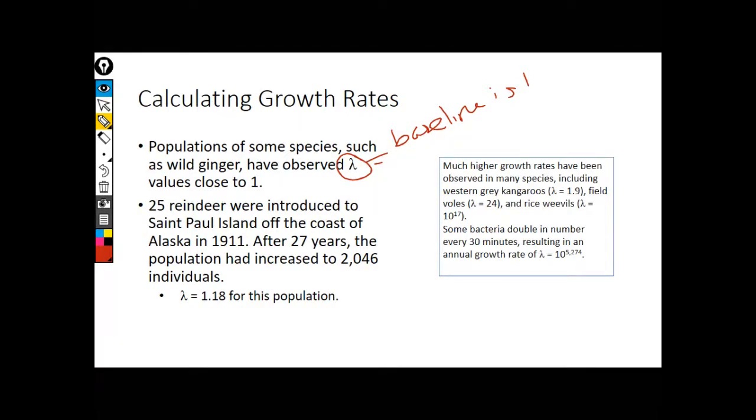Okay, so lambda is around 1, R is around 0. On here we can get an idea of what actual growth rates look like.